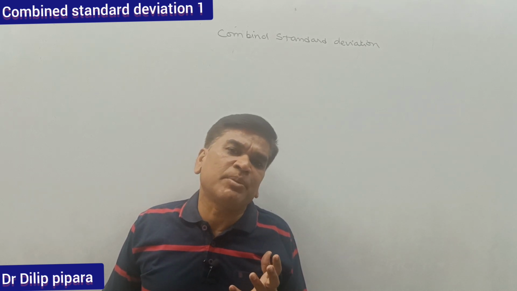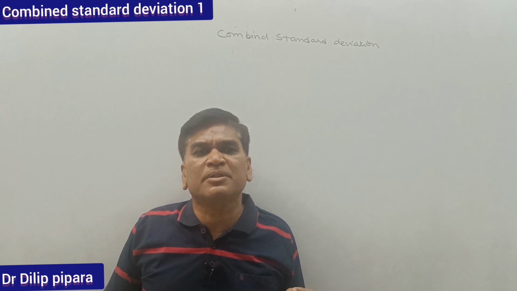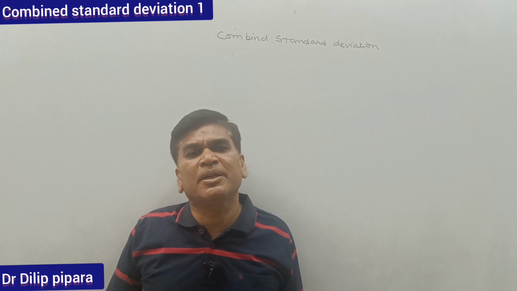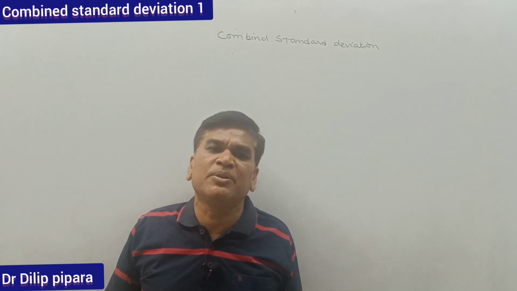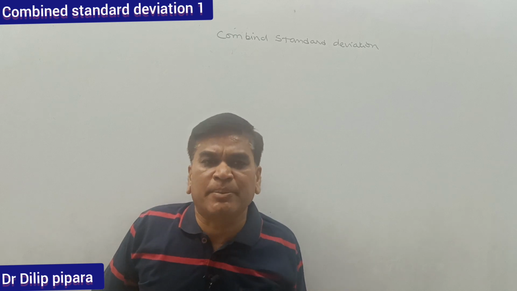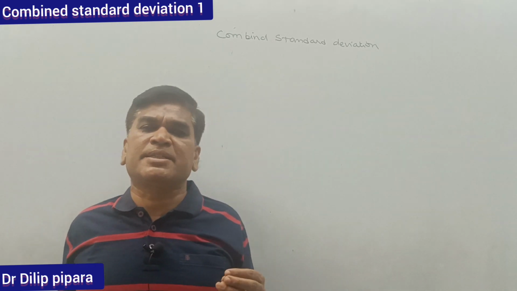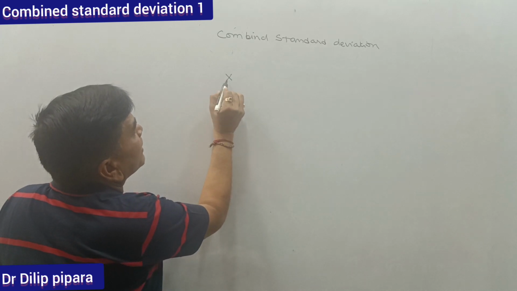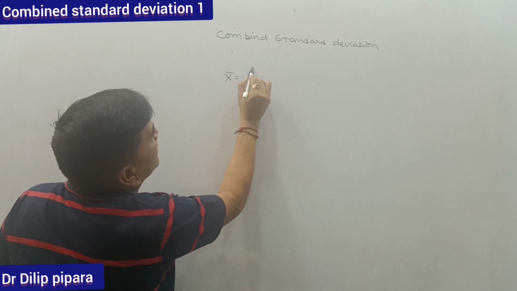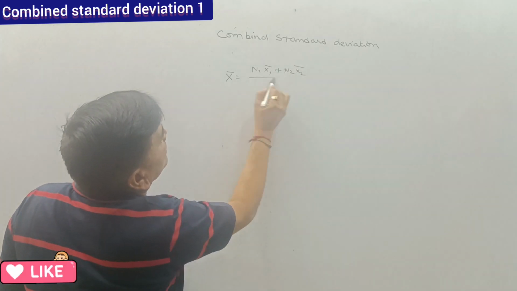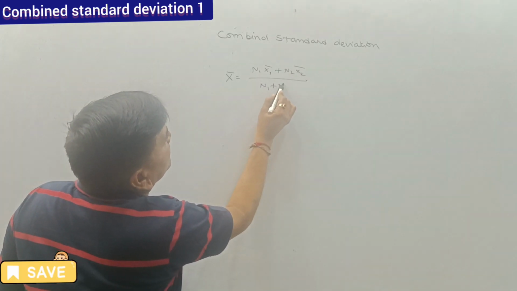To calculate combined standard deviation, the very first thing we should know is how to calculate combined arithmetic mean. We have already gone through in one video how to calculate combined arithmetic mean. Suppose we divide a series into 2 parts, then first we calculate the combined arithmetic mean, that is n1 x bar 1 plus n2 x bar 2 divided by n1 plus n2.